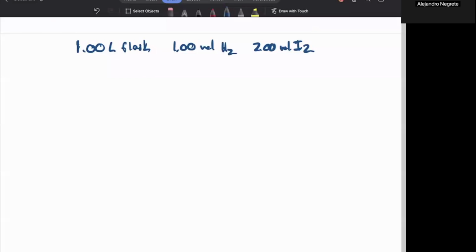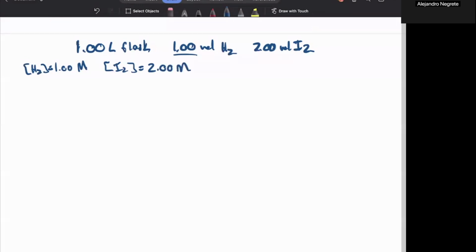So before we even get started, to figure out the concentration in molarity of H2, 1 divided by 1, because it's moles per liter, is 1.00 molar. Our initial concentration of I2, 2 divided by 1, is going to be 2.00 molarity. So that's just the first step there.